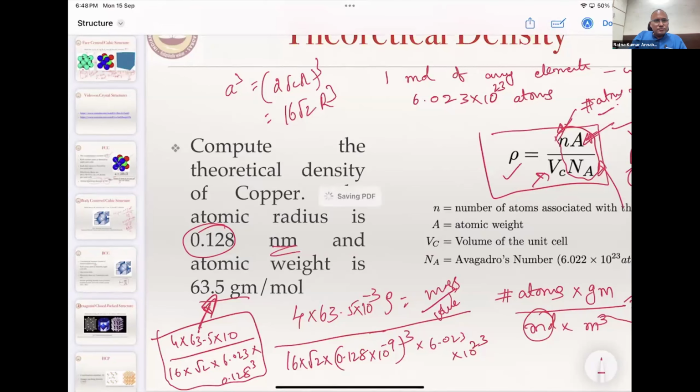What is the volume? 2 root 2 r, isn't it? Yes, that is the A. Correct?